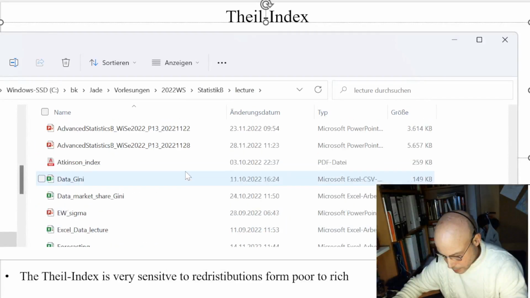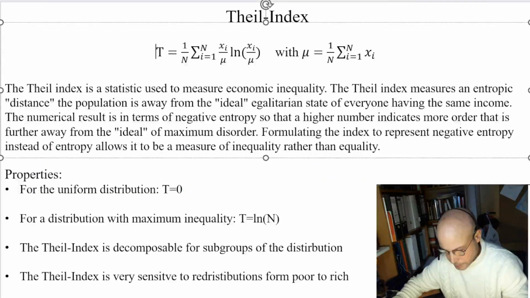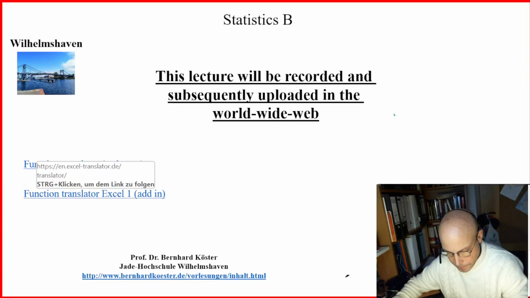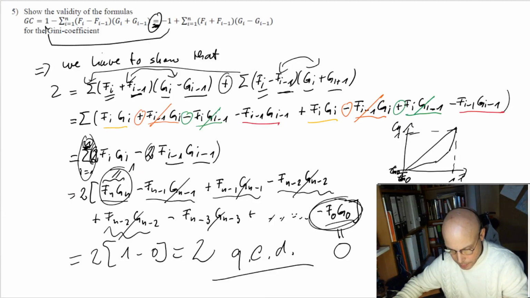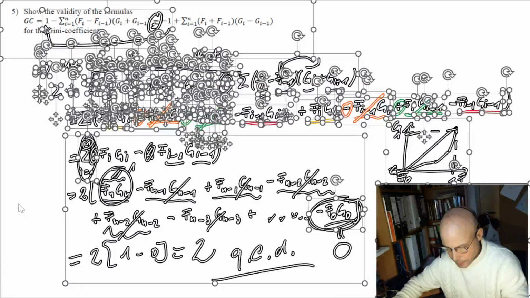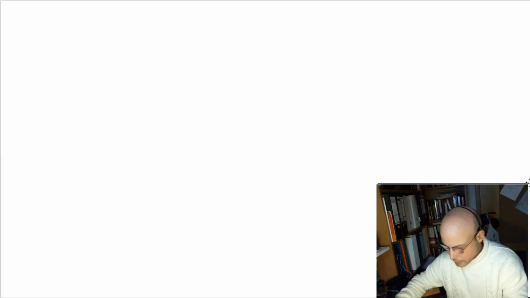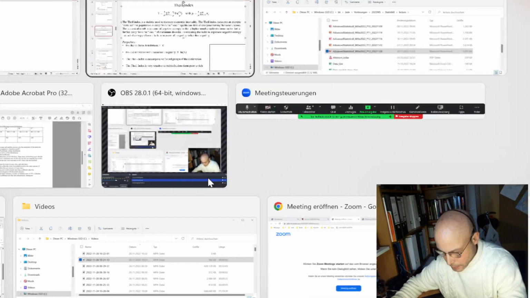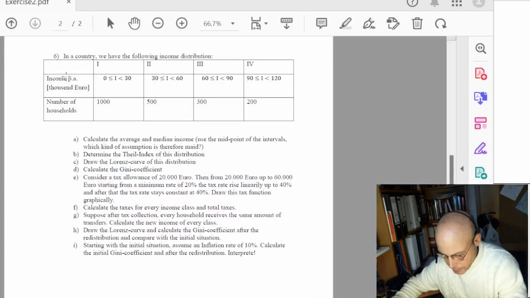Wait a minute. My computer takes some time. Exercises here.